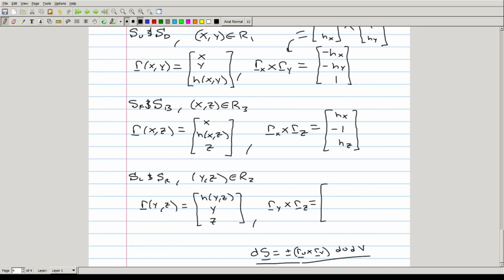When you do this cross product, you end up getting the vector (1, negative h_y, negative h_z). So for our surface integrals now, we have a correct parameterization for our normal vectors, and we're ready to go through and finish the proof. We have just one more step in this part 1, step 1.